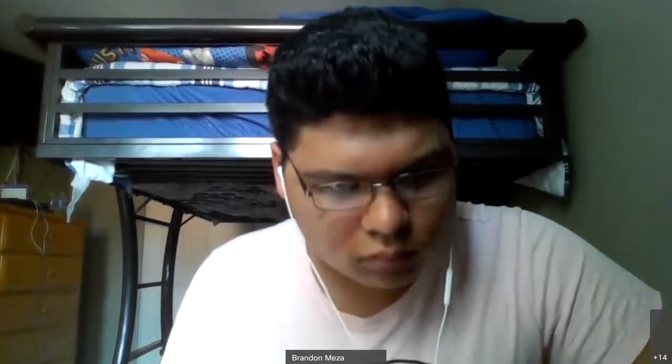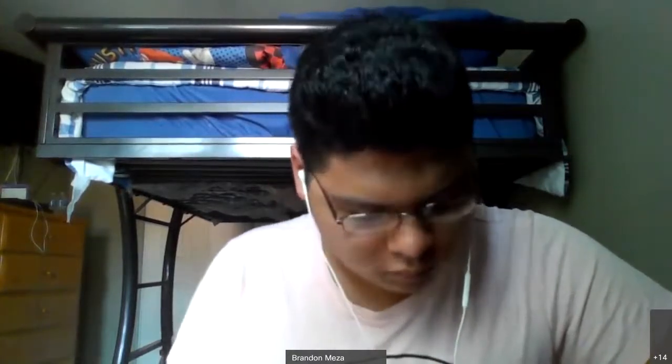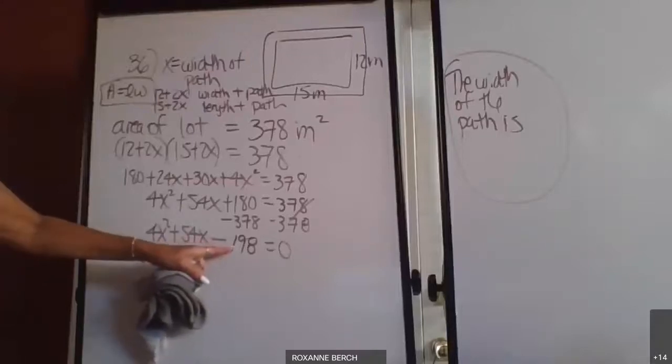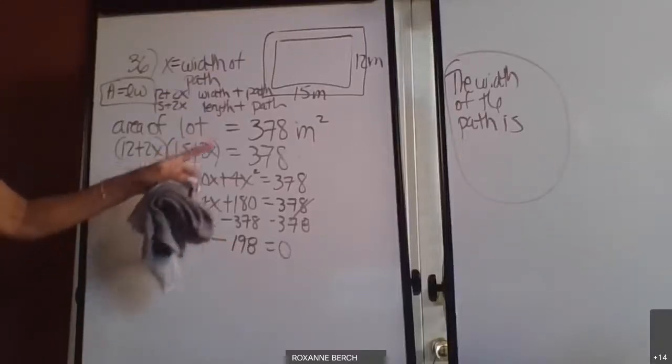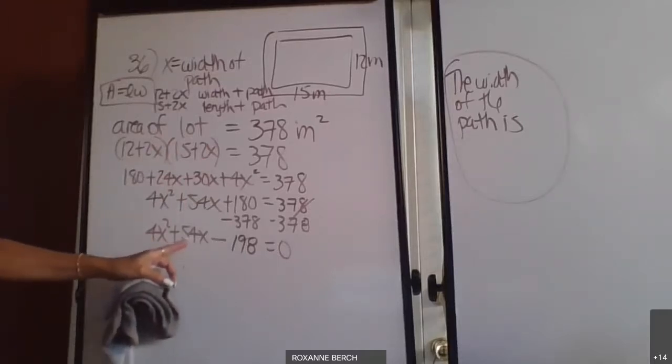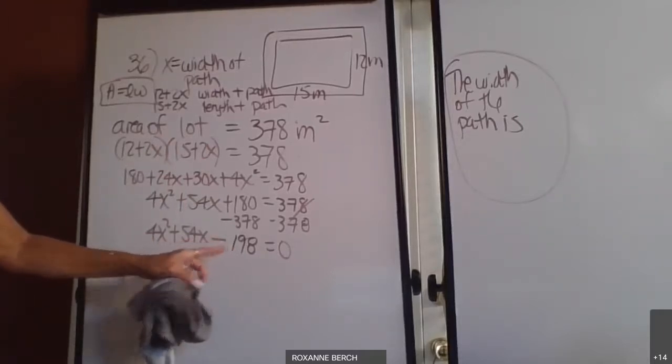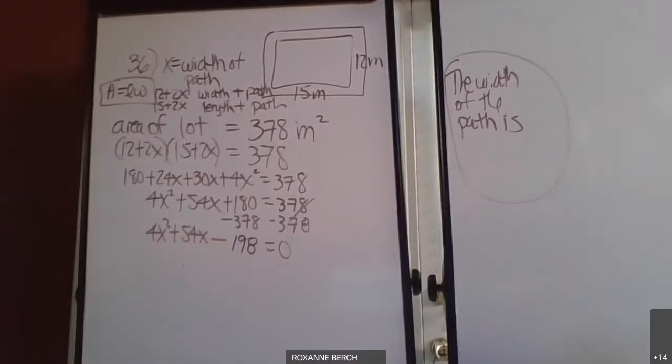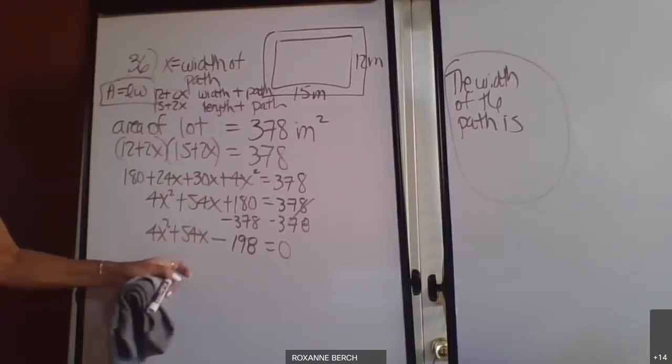Okay, this should be 4x squared plus 54x plus 180. So there's a mistake somewhere. Once again, this should be 4x squared plus 54x plus 180. Oh, that is what we have, 378. Okay, so the next step. So yeah, this is right.